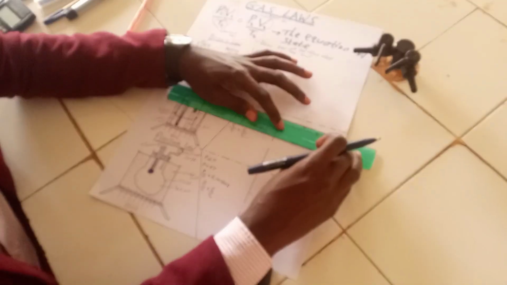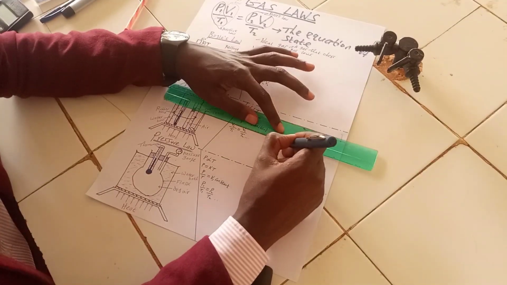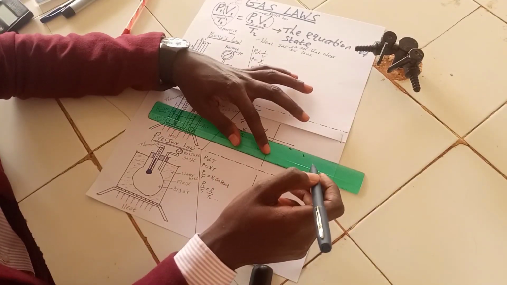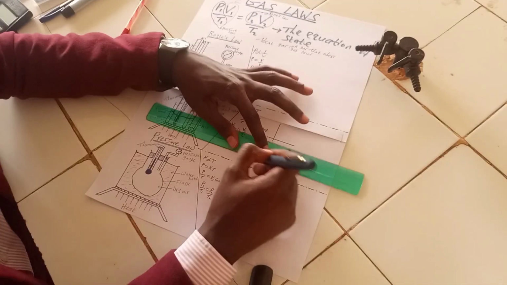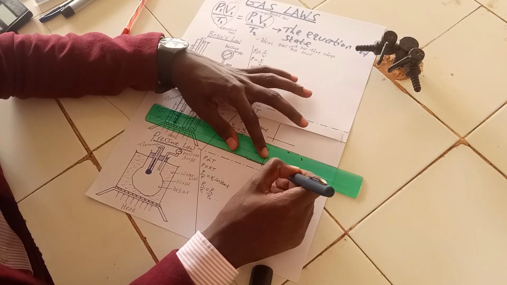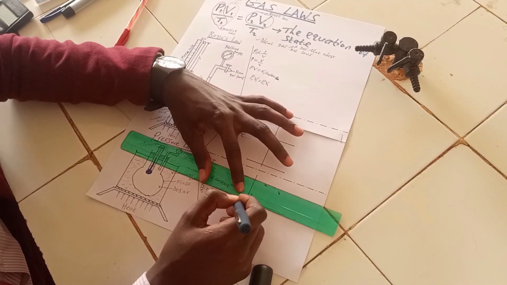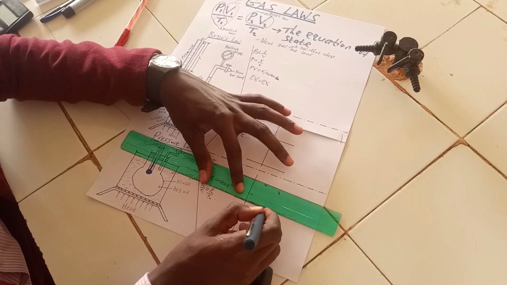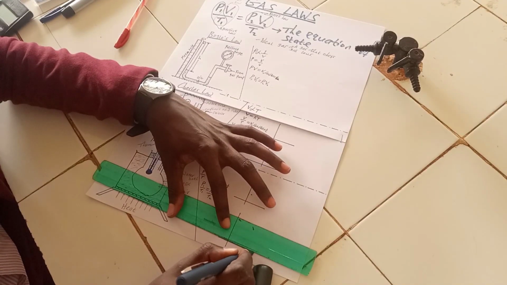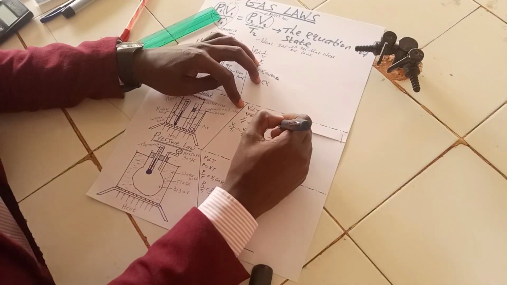Let's look at the graphs we have here. Simple graphs, just a sketch of the graphs so that you can understand exactly what we are saying. So we have volume is directly proportional to temperature.